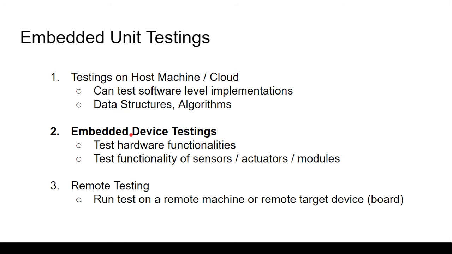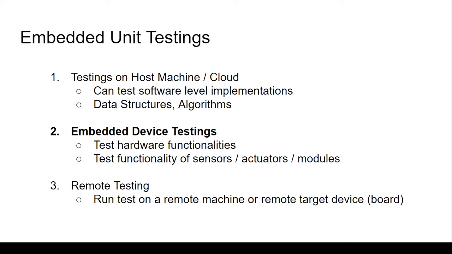As an example, in your hardware program, which we usually call firmware, there can be data structures and algorithms which are not directly connected with hardware resources. So those things you can try on the host machine.